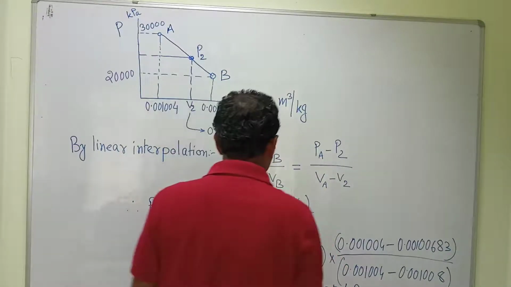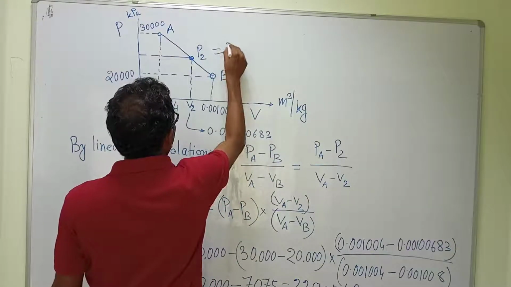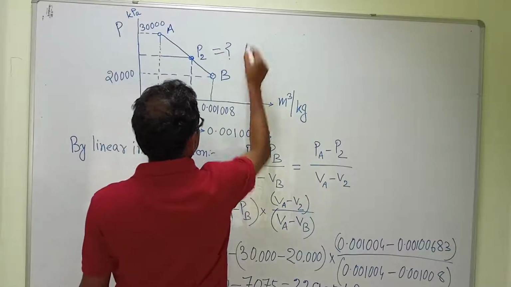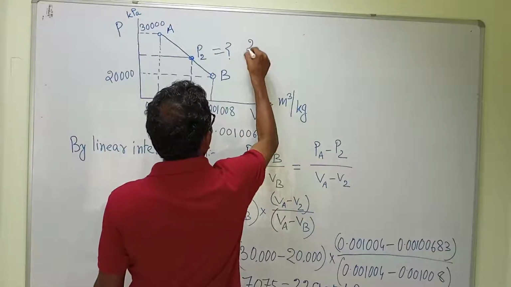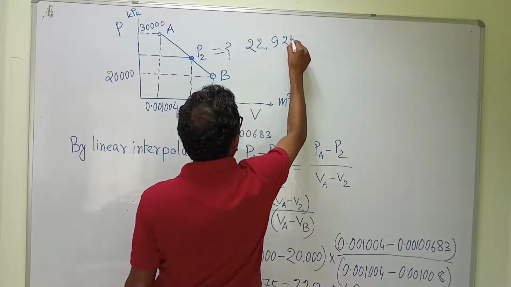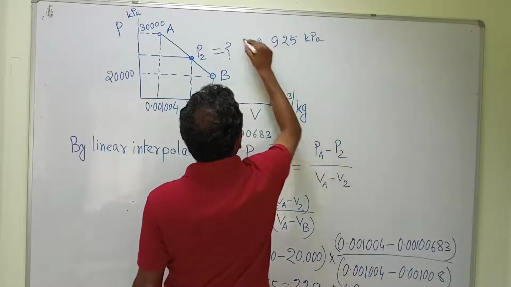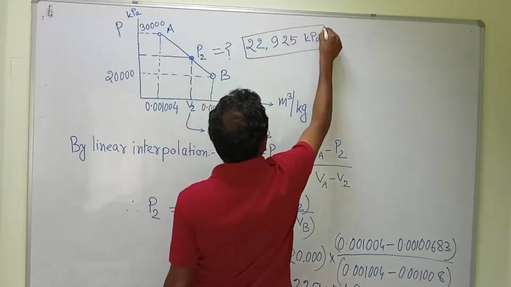Okay, so this is the answer. P2 is equal to 22,925 kilopascal. So this is the answer.